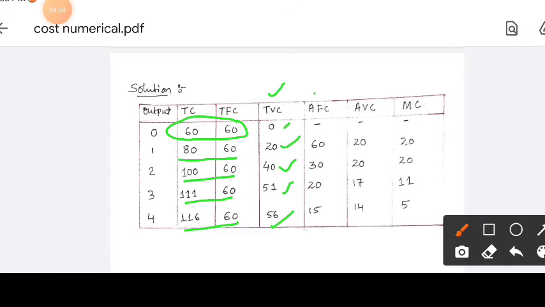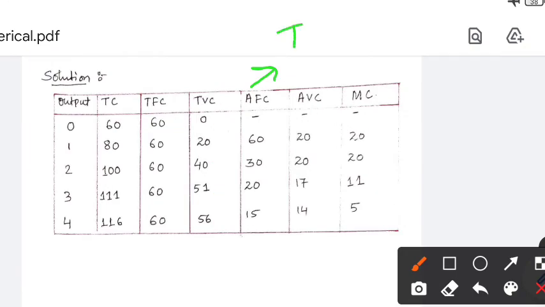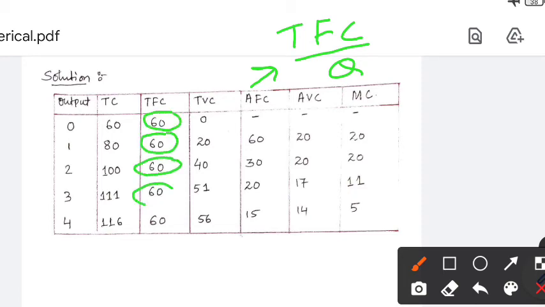Now AFC. The formula was TFC by Q. Now you can see that we got our TFC as 60, 60, 60, 60 and 60. The first one will be a dash, because at 0 level of output, AFC is undefined, so we can just keep a hyphen for that.